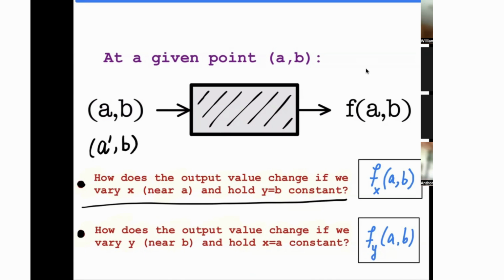So we're just going to go in one direction, just fiddling the value of A while holding B constant. And if you do that, then the relative change that you measure in that direction is called the partial derivative with respect to x at the point AB.